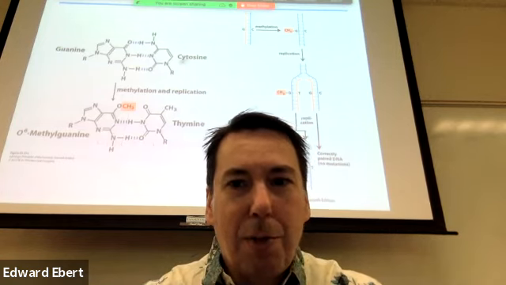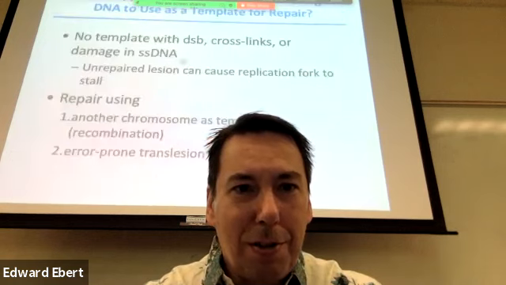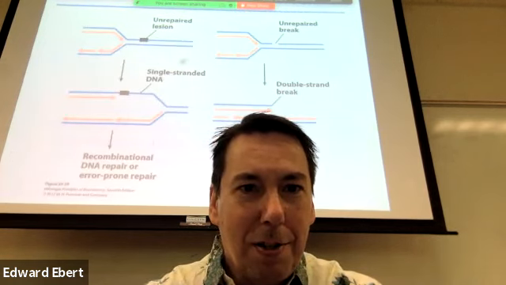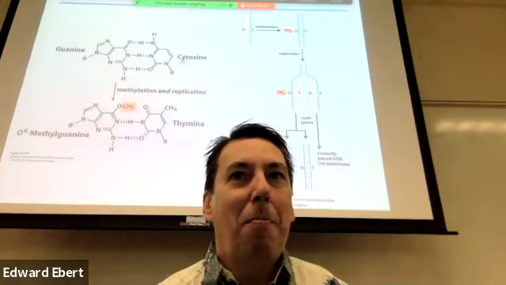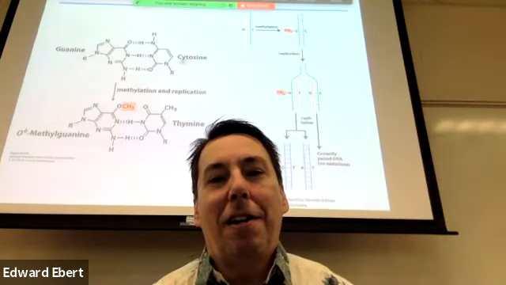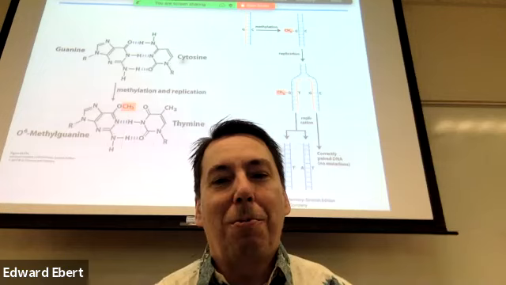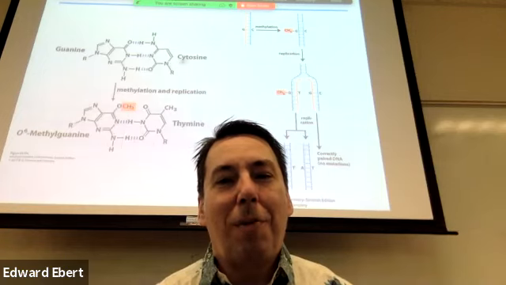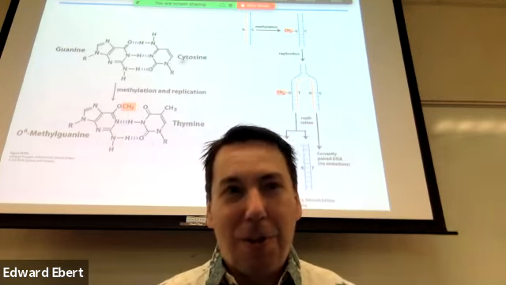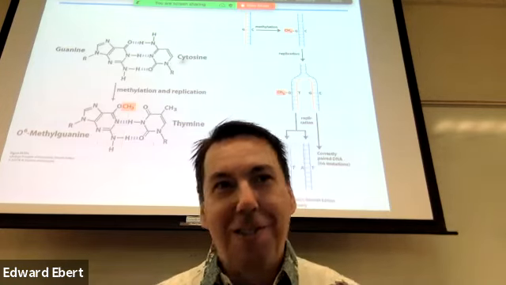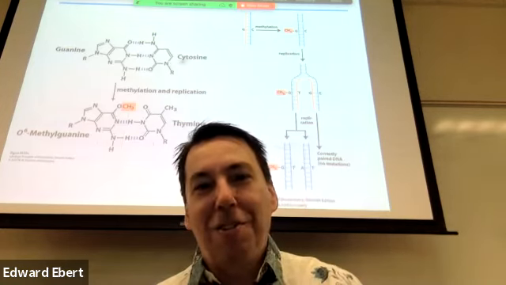I think this is probably a good stopping point. We'll finish this up on Monday, okay? And then we'll jump into RNA metabolism, which is going to sound a whole lot similar. We're going to be talking about bacteria and eukaryotes, initiation, elongation, and termination.